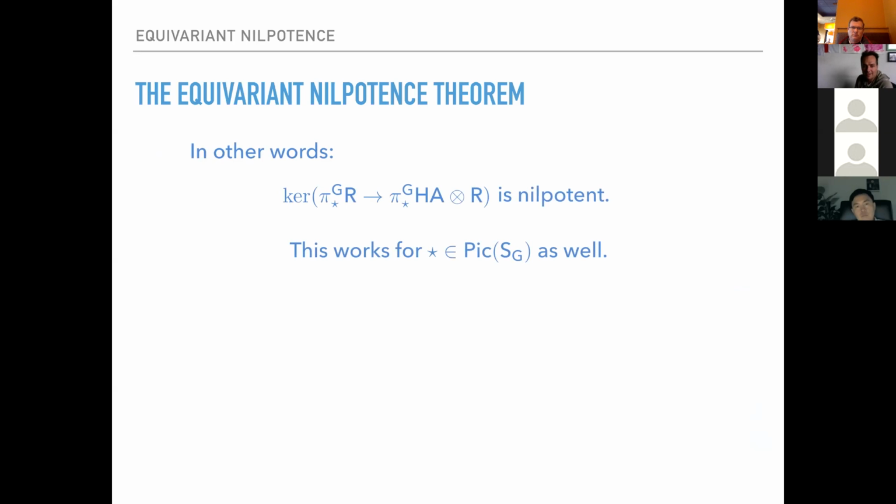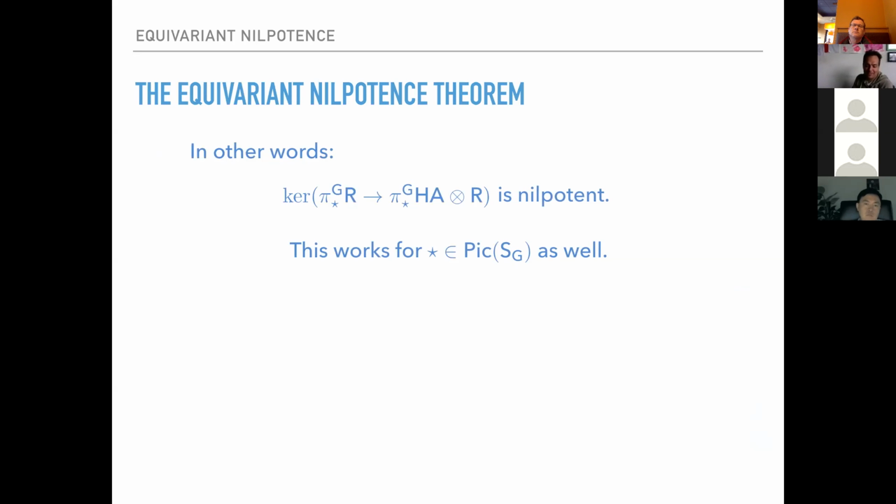So even in the G sphere spectrum, if I allow, say, RO(G) graded elements, there are elements in non-trivial RO(G) degree which are actually non-nilpotent, but they have non-trivial image under this map. So whatever your flavor is, this result works just as well if you want to move over in this context.